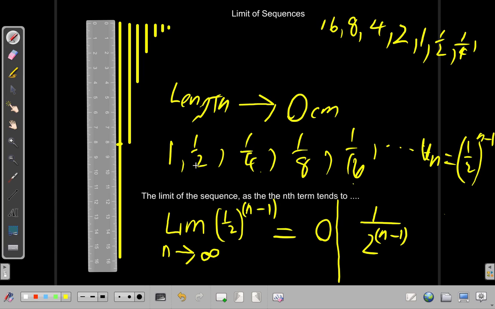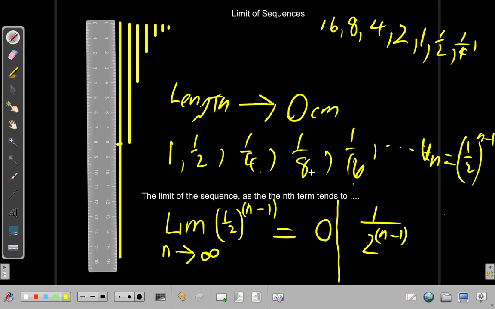But as the denominator 2 becomes 4, then 8, then 16, and goes up, and the number at the top remains, the answer gets smaller and smaller. So that's the reason why it tends to 0. So the limit of this sequence is 0.